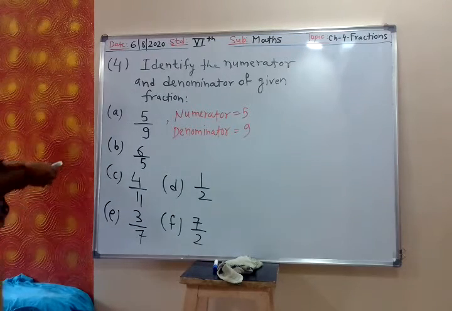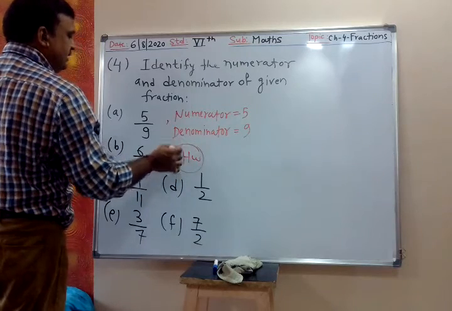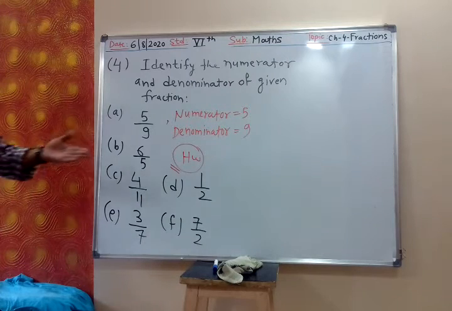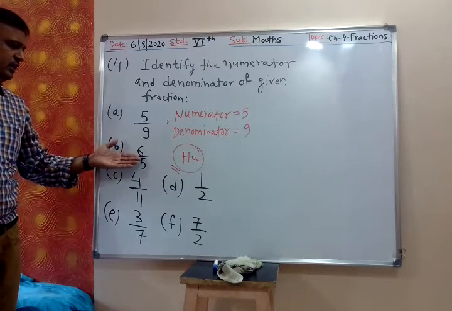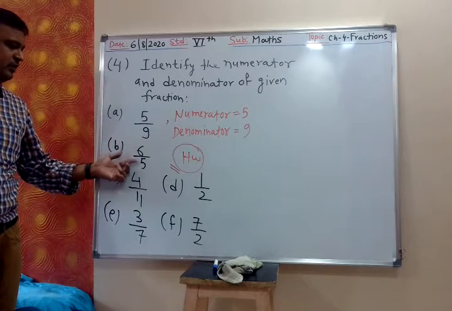These all are homework. Because you can write the numerator and denominator of these fractions. Numerator is 4, denominator is 11, numerator is 6, denominator is 5.